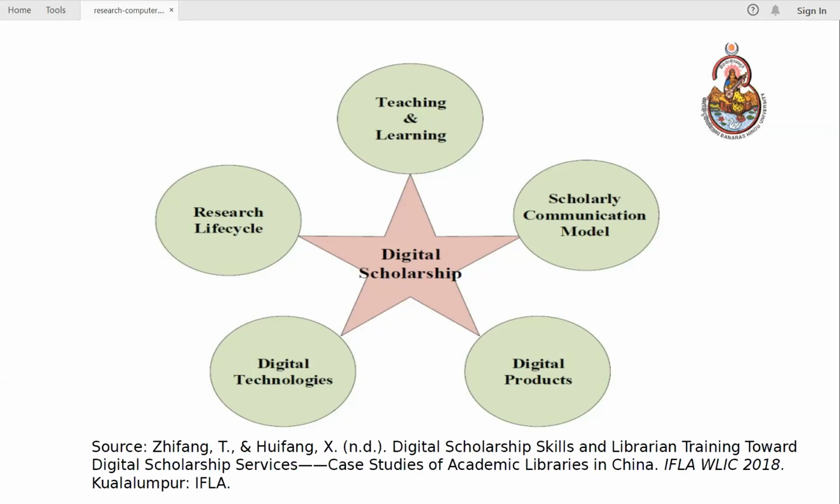So now these are recognized platforms. These are recognized resources in our academics. So the very shape of digital information resources has changed to digital information objects.